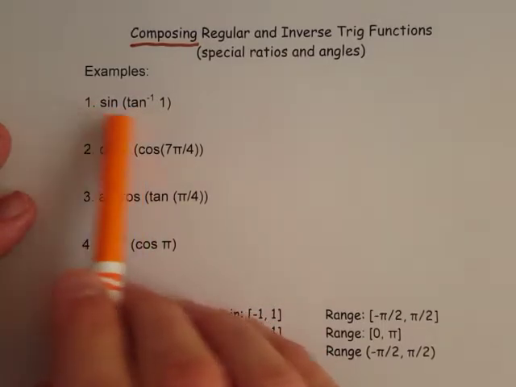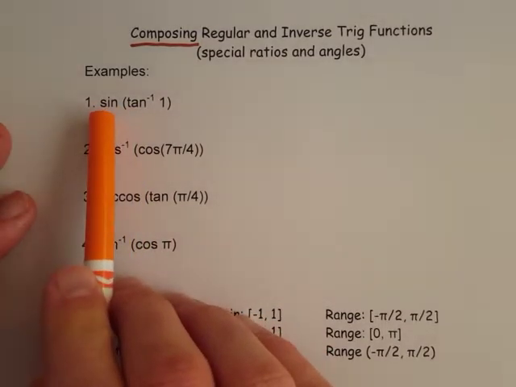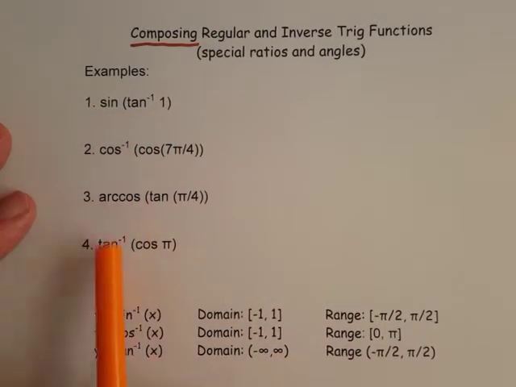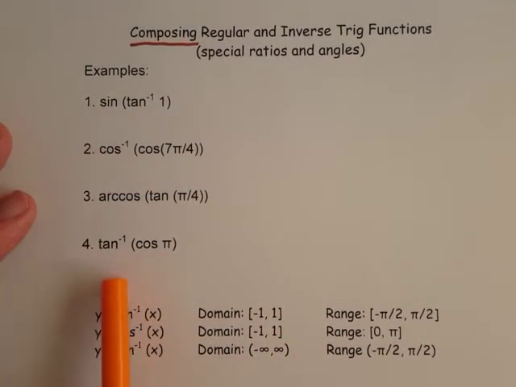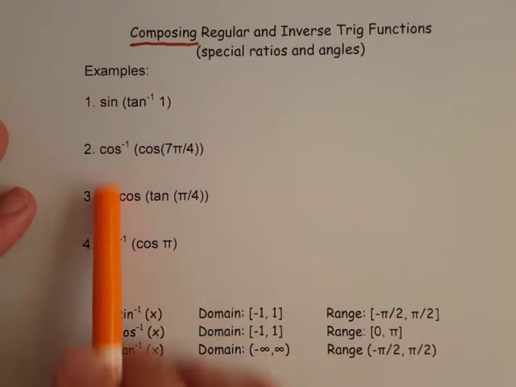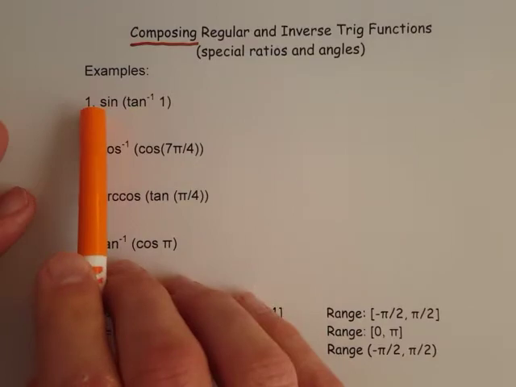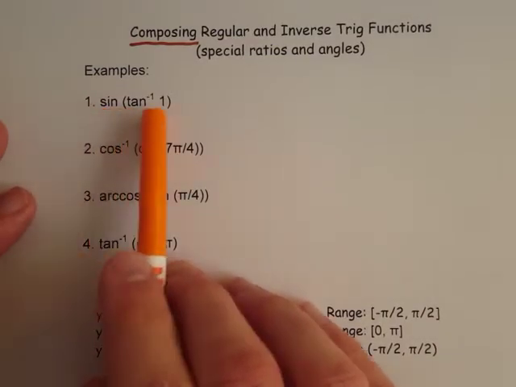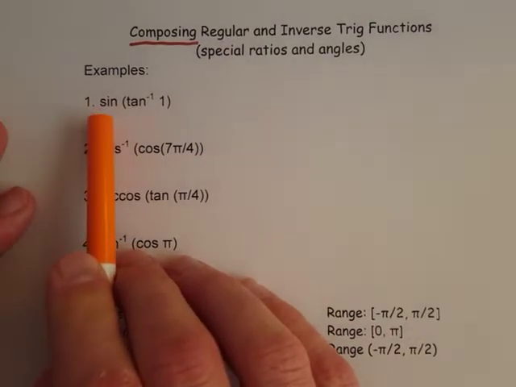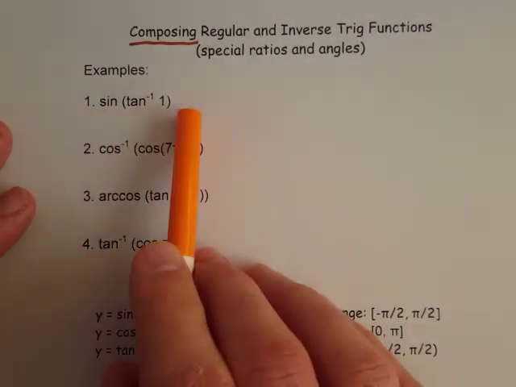You'll notice that this first one has the regular one first, inverse second. Now, these other ones have the inverses first. That's important because the one that's first, the overall function, is going to be the one that has the most effect on what comes out of it. If it's a regular trig function, remember that what comes out of that is a ratio.